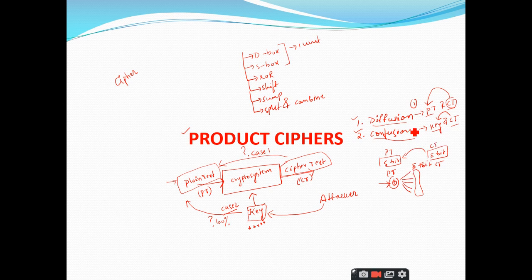So if there is a change in one bit of the key, the entire ciphertext may change, or the maximum number of bits from the ciphertext will be changed. So one plain text change making a lot of difference in the ciphertext is called diffusion, and one bit change in the key making a lot of difference in the ciphertext bits is called confusion. Is it clear?